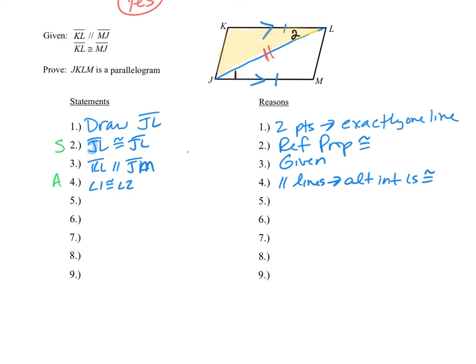triangles congruent. So let's go back to the given and recall that we're also told that KL is congruent to MJ. So let's make that statement, that segment KL is congruent to segment MJ. That was given, and it's already marked, so that gives us a second pair of sides congruent. So if you look at the diagram, we have two sides and an included angle of one triangle congruent to two sides and an included angle of another triangle.